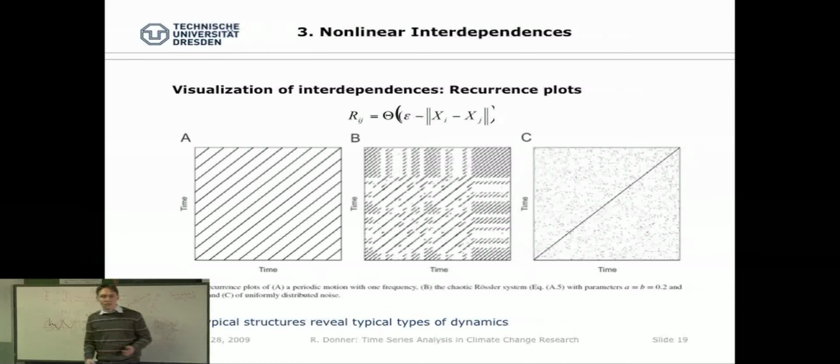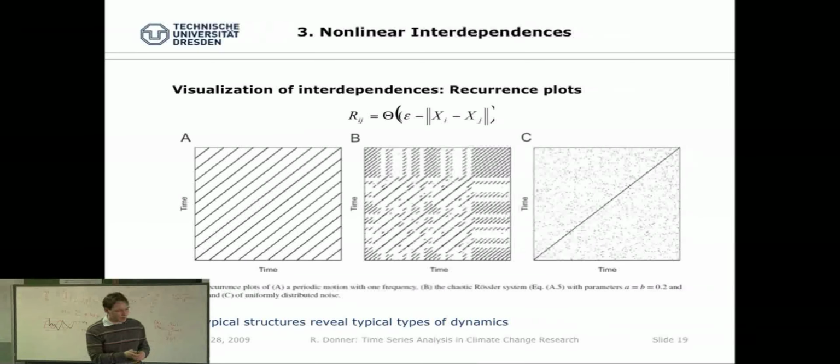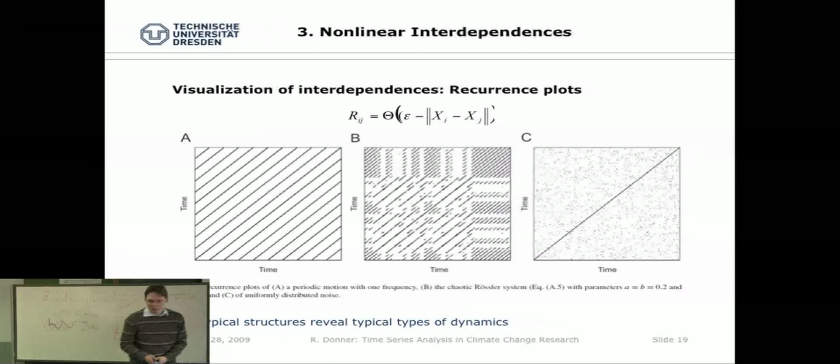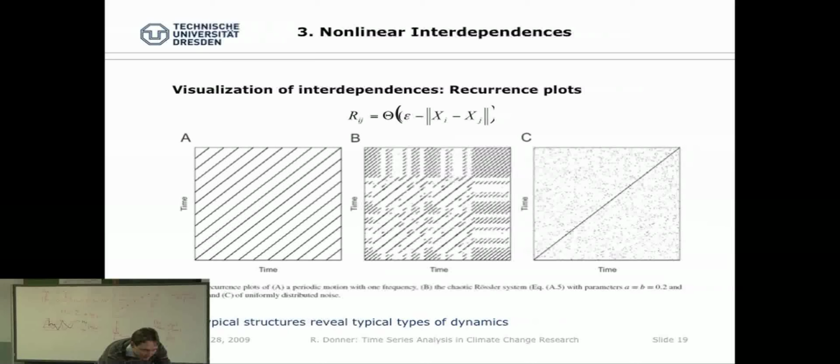It's quite easy to see: when I have a sine function, after a time that corresponds to the period of the sine function, I will approach again the same values, and by this I get a diagonal line in this plot. So the distance between these diagonal lines is also just a measure for periodic behavior in a time series.